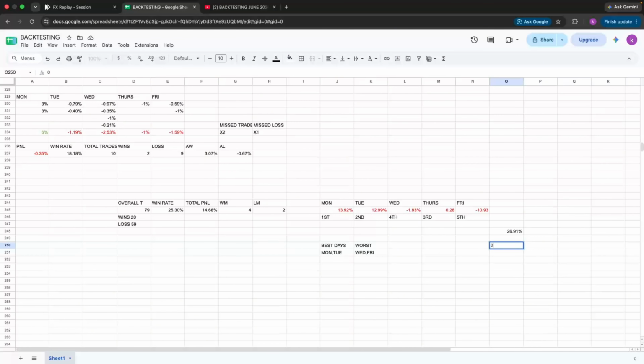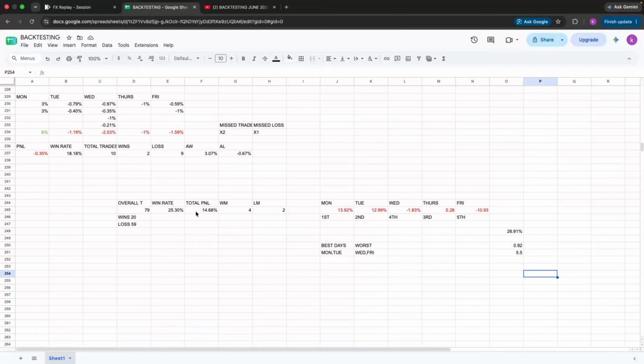And then Friday, 10.93% divided by 2, 5.465, but we'll just round it to 5.5. Now, if we do 26.91 minus 5.5 minus 0.92, that ends us with 20%.